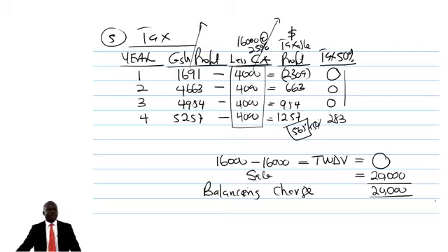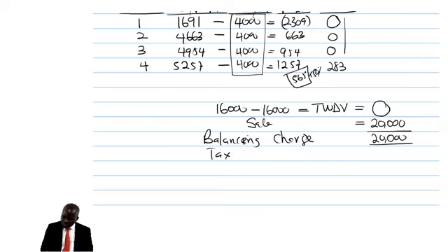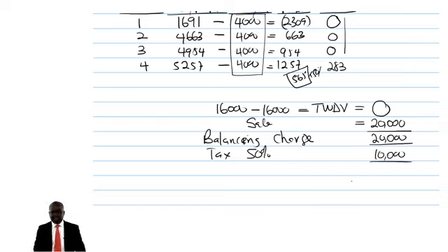So if you have made a profit on the sale of 20,000, what do you think the taxman is going to do? The taxman is going to tax you, and the US tax rate is 50%. So 50% of that is equal to 10,000. This will be sold at the end of the 4th year, and tax is paid 1 year in arrears.